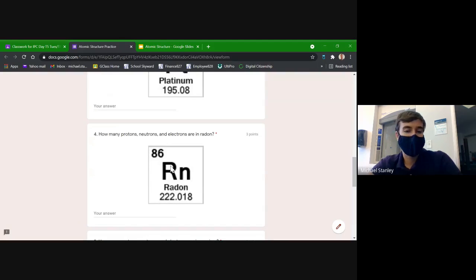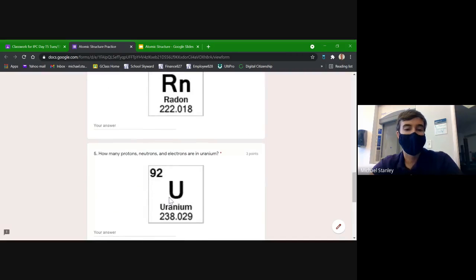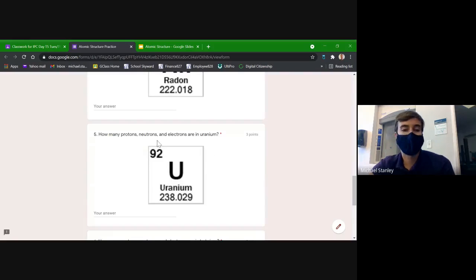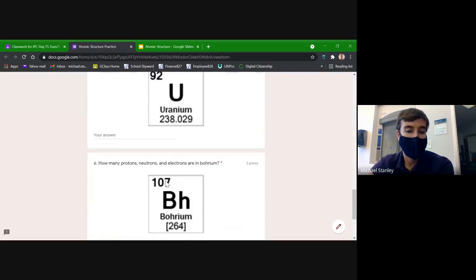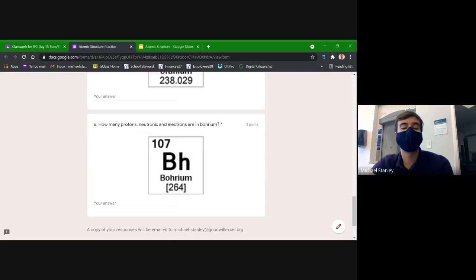There's radon, which has an atomic number of 86 and atomic mass of about 222. There's uranium, which has an atomic number of 92 and an atomic mass of about 238. And then finally, borium, which is so big that scientists can only estimate its atomic mass so far, which is why it has it in this little bracket right here.